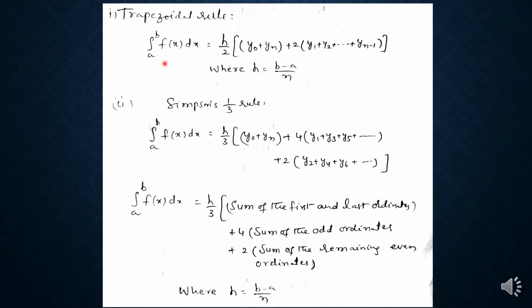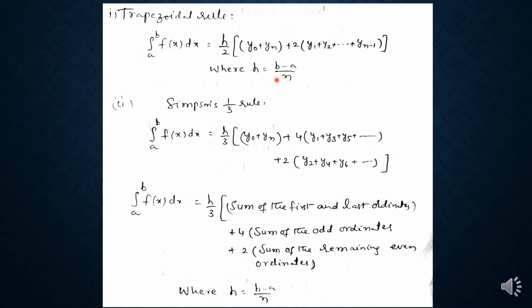The integral a to b of f of x dx gives the area bounded by the curve f of x from x is equal to a to x is equal to b on the x-axis. Let us divide the interval ab into n equal subintervals, each of length h is equal to (b minus a) by n.